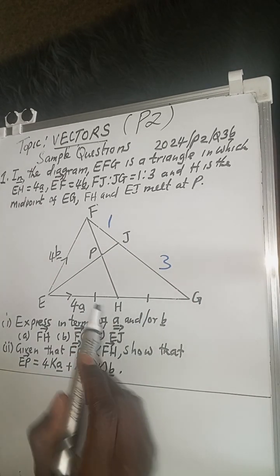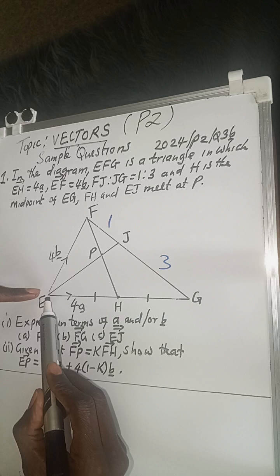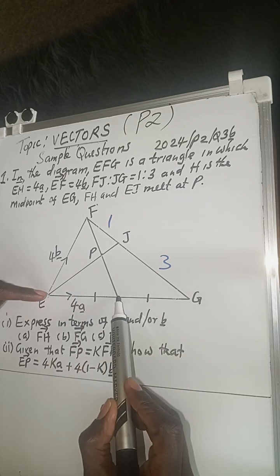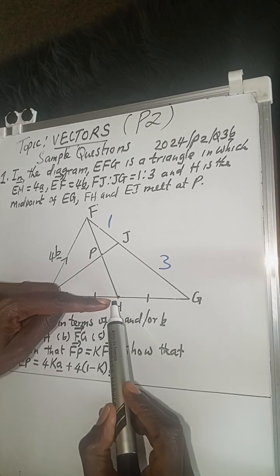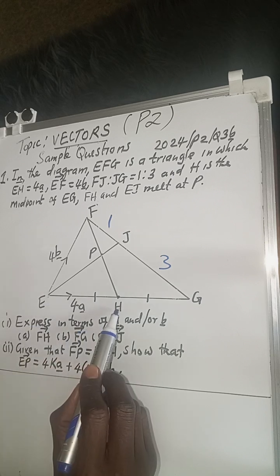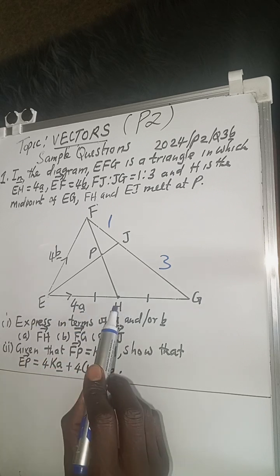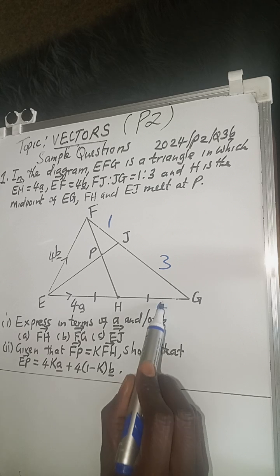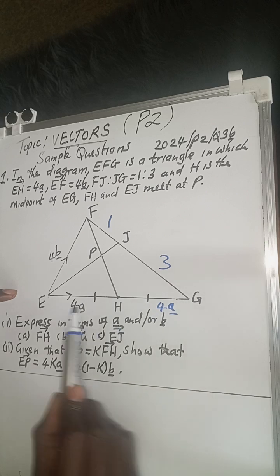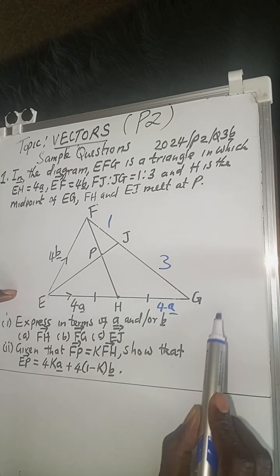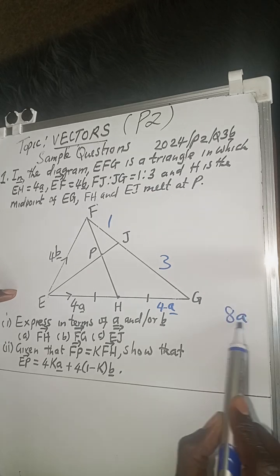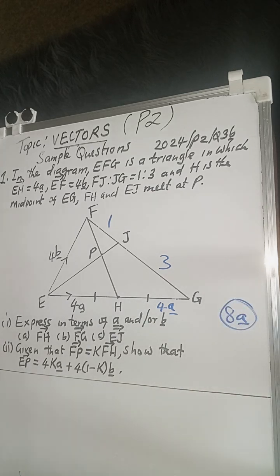And H is the midpoint. If I tell you that H is the midpoint of EG, it simply means from E to H, it's the same as from H to G. They told you EH is 4 vector A, so H to G should also be represented by 4 vector A. The total length from E to G will give you 8 vector A. That's what they mean.